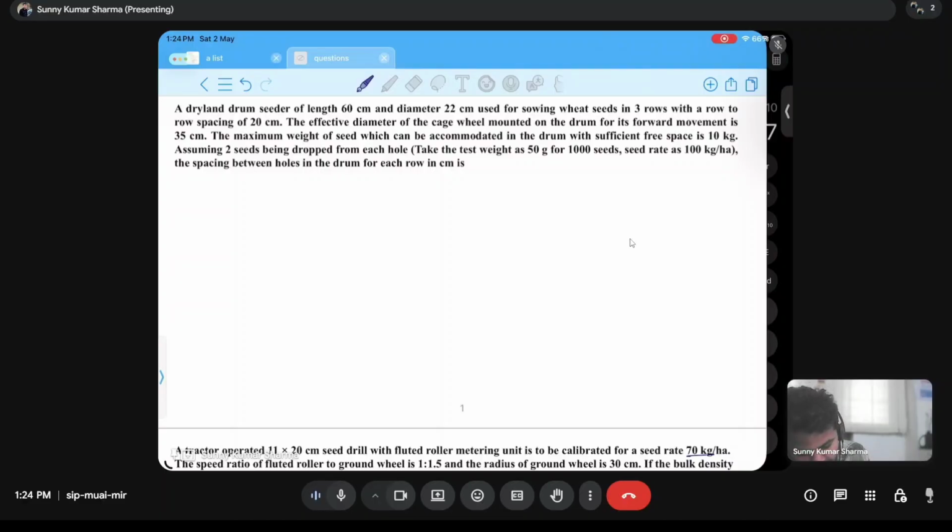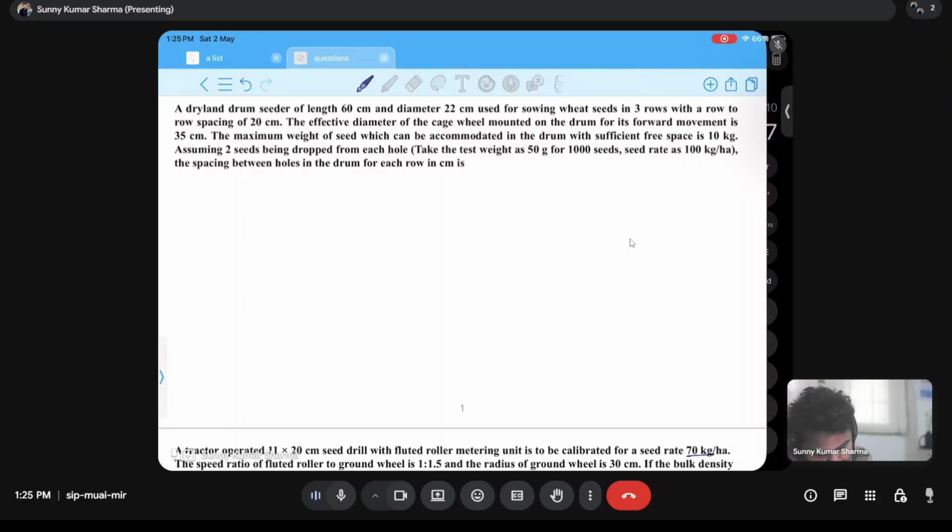The question is: a dryland drum seeder of length 60 centimeter and diameter 22 centimeter is used for sowing wheat seed in 3 rows with row-to-row spacing of 20 centimeter. The effective diameter of the case wheel mounted on the drum for its forward movement is 35 centimeter.